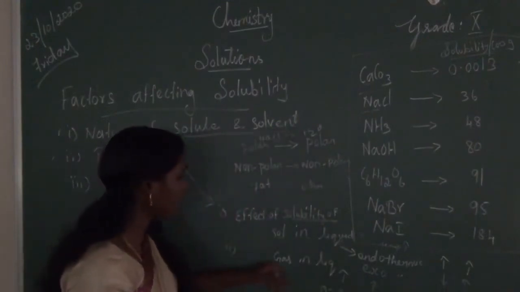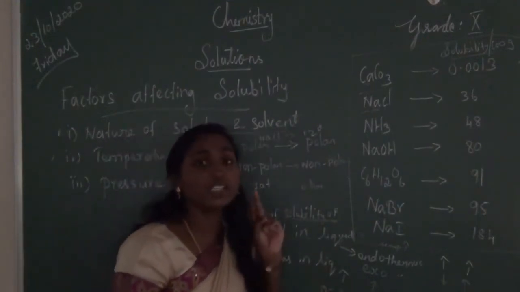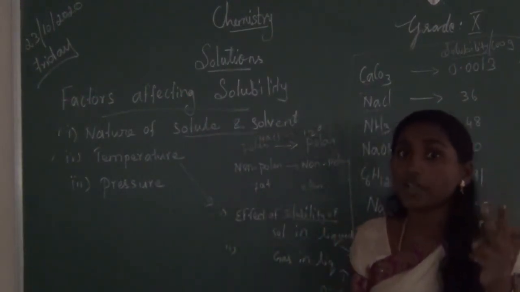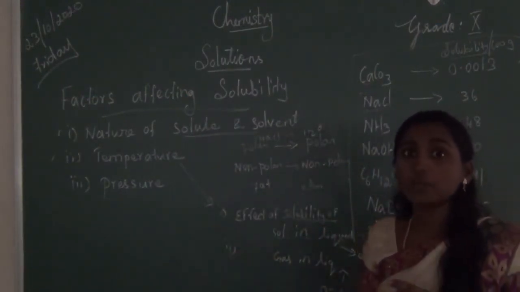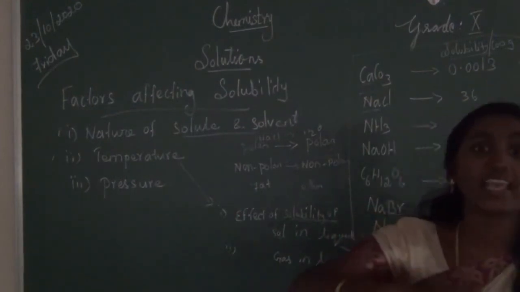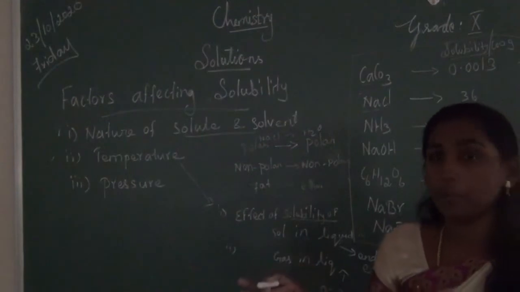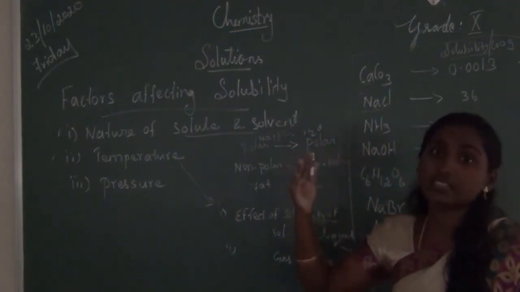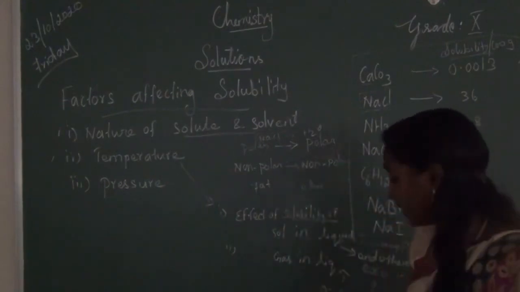Then the effect on gas in liquid. Here we studied two examples, oxygen and bubbles. When water is boiling, why are bubbles releasing? That means dissolved oxygen escapes in the form of bubbles, so as temperature increases, oxygen decreases.